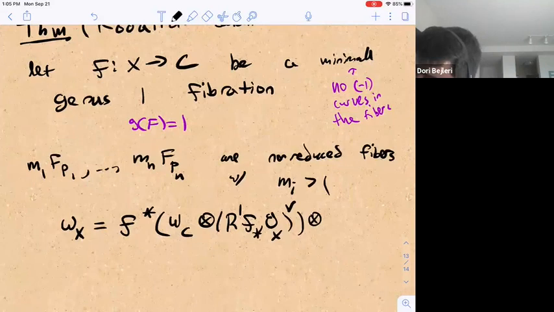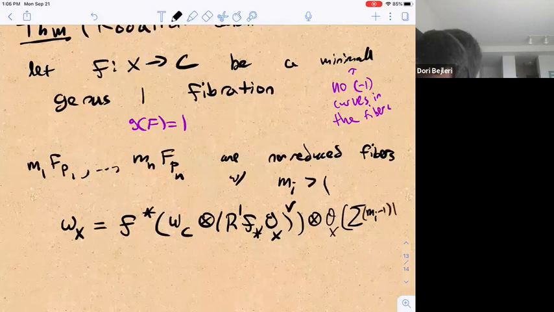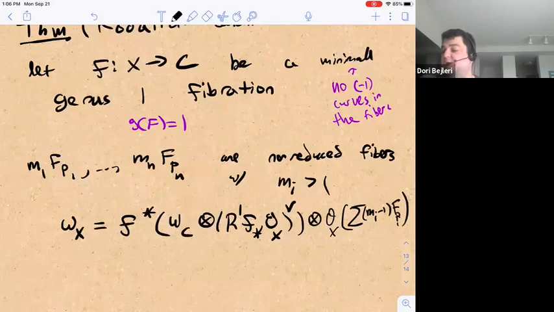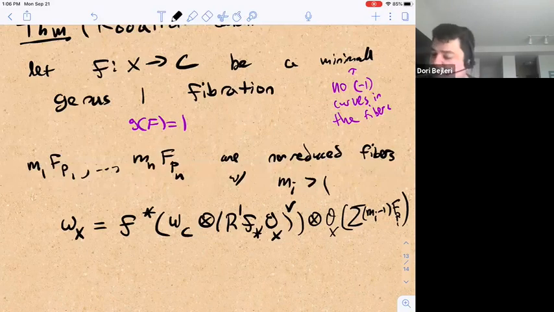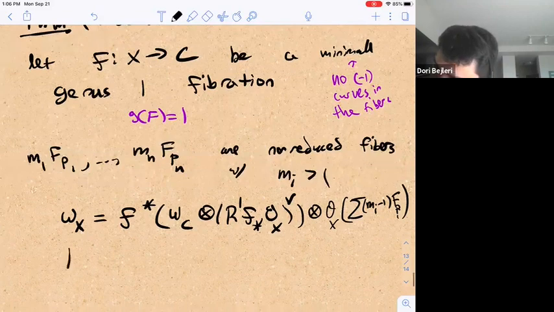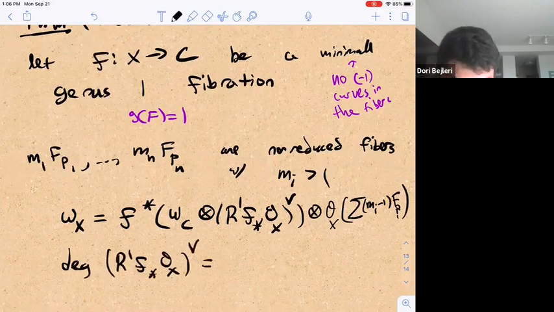So we take O of Mi minus 1 times the non-reduced fiber. So in particular, if all the fibers are reduced, then this contribution's gone. And the other important property is that the degree of R1 F lower star OX dual is the same as the Euler characteristic of OX.